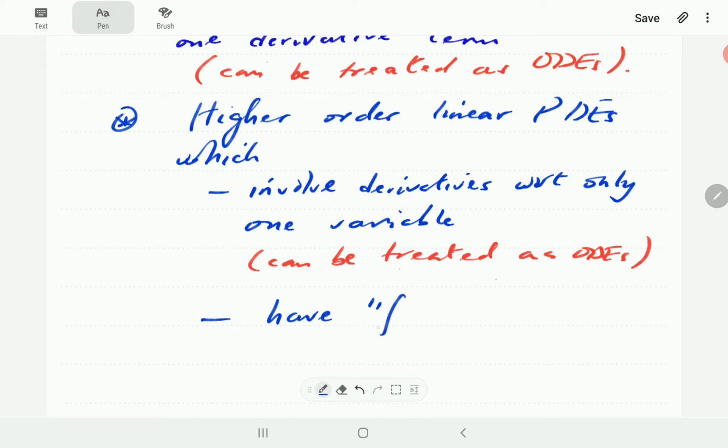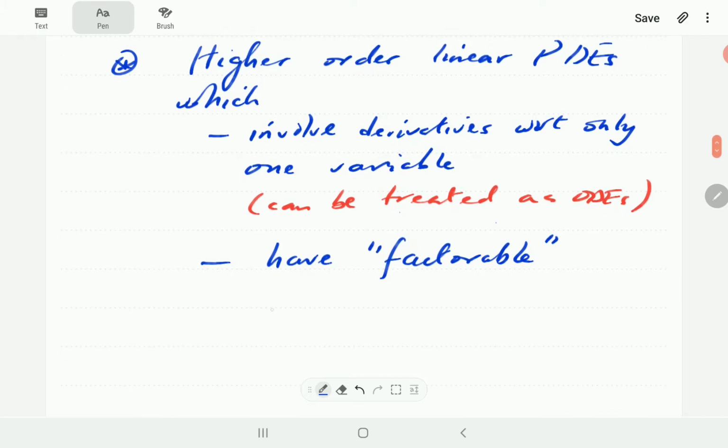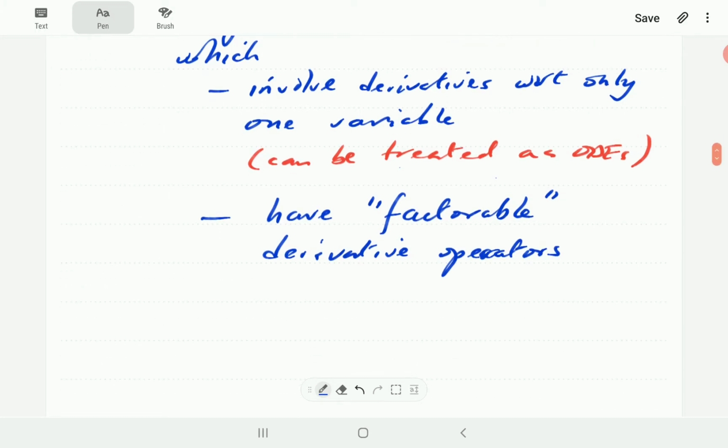Then the higher order PDEs which have factorable derivative operators, so here we factor out the operators and integrate directly.